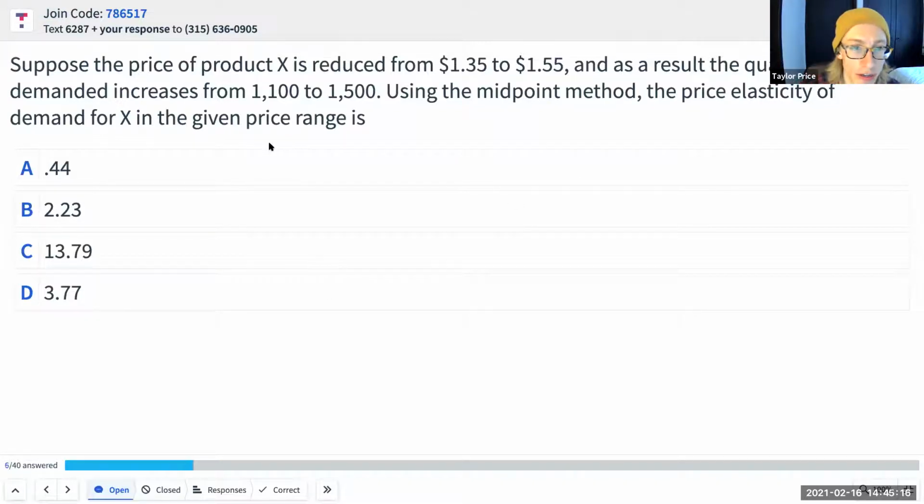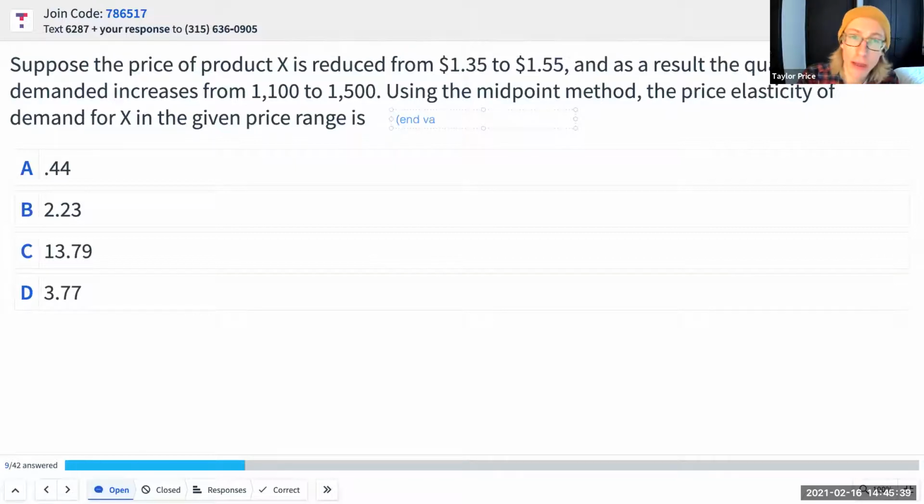Let me see if I can write the equation right here. And so this is for the midpoint method.